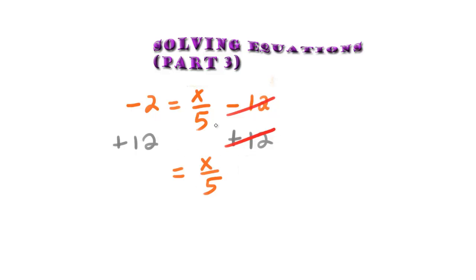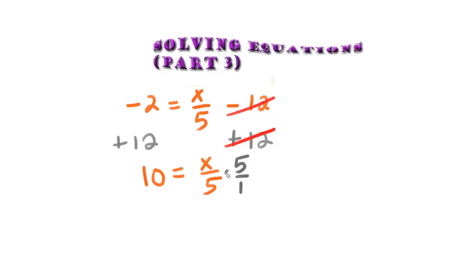And then on the left hand side, you have -2 plus 12, so that's just 10. Okay? So we made it a little bit easier. So the only thing we have to do now is multiply both sides by the reciprocal of 1/5, which is 5 over 1.